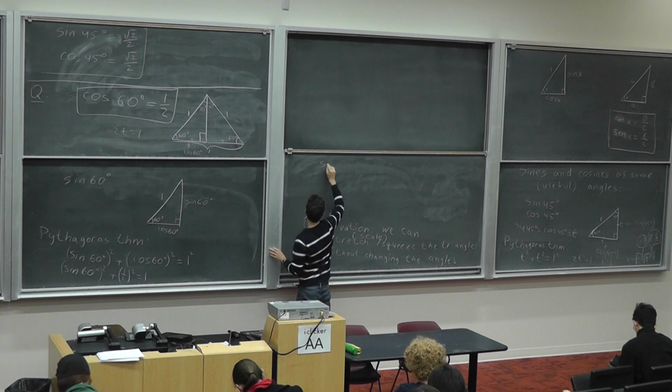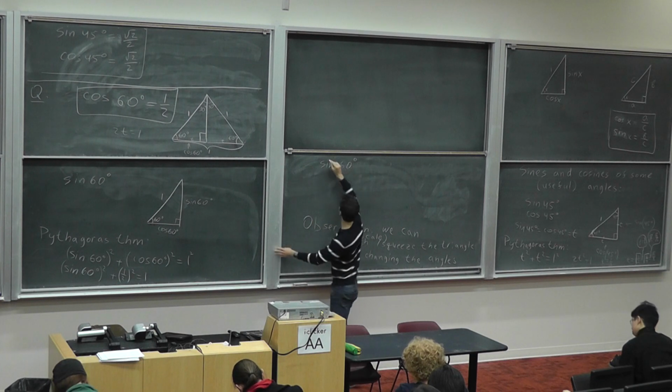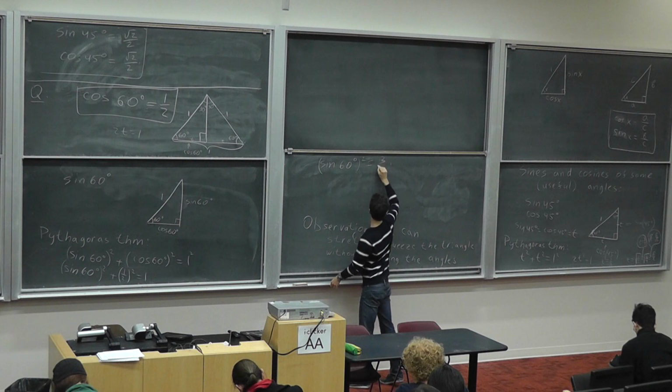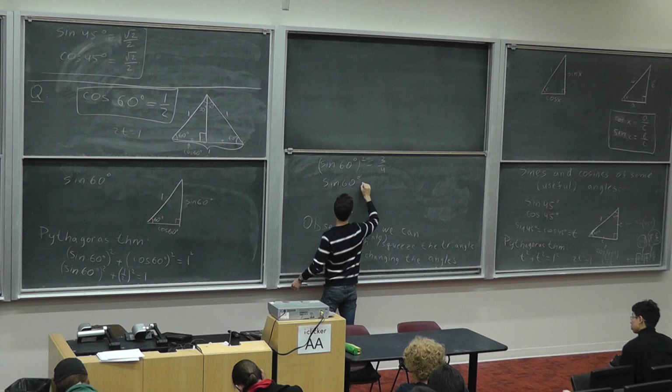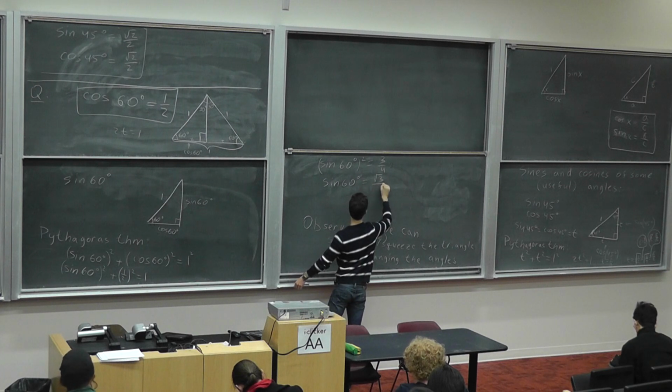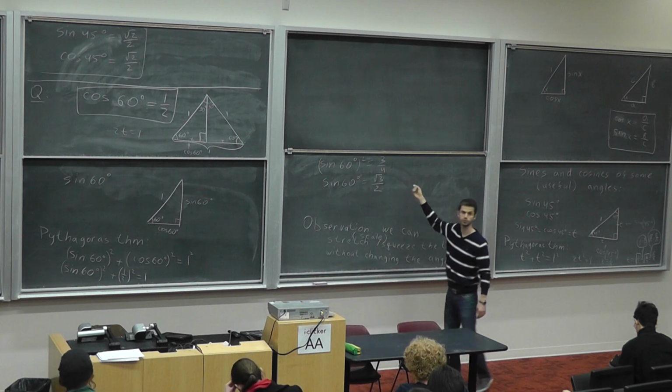Alright, so sine of 60 degrees squared is 3/4, which means sine of 60 degrees is square root of 3 divided by 2, by square root of 4, which is 2.